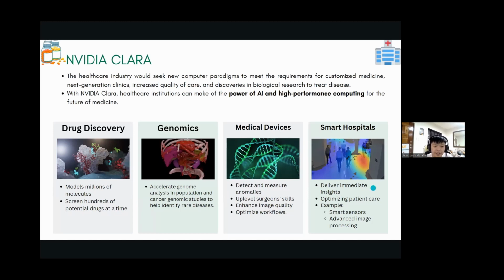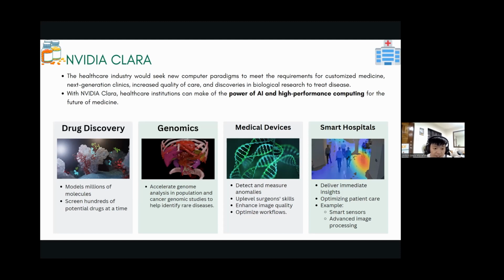So Nvidia Clara utilizes both the power of AI and high performance computing, which is for drug discovery, which models millions of molecules and screens hundreds of potential drugs at a time.